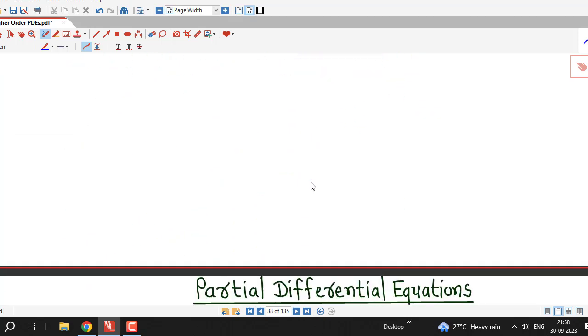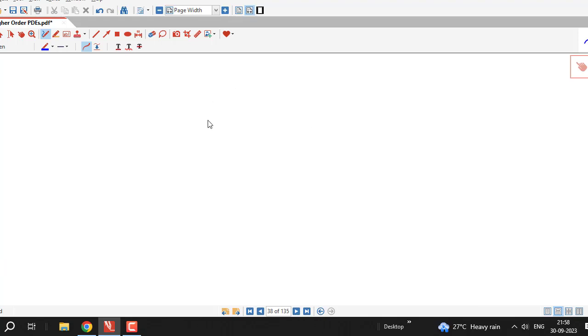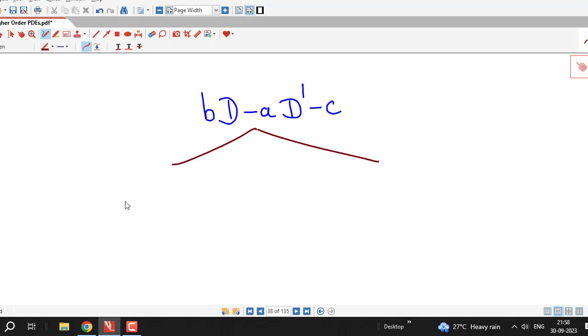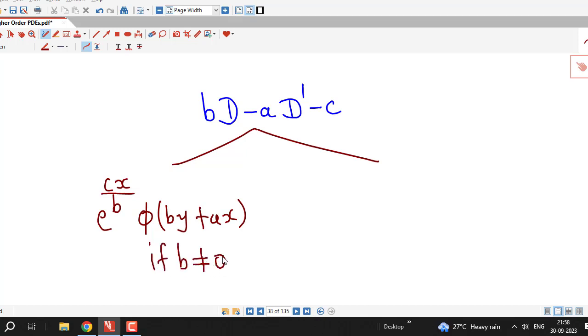In this lecture we have discussed the non-homogeneous F(D, D'), and we have discussed that if we are able to write F(D, D') as a product of linear factors of this form, then the part of general solution corresponding to this type of factor is e raised to cx by b, arbitrary function of by plus ax, in the case that b is non-zero.